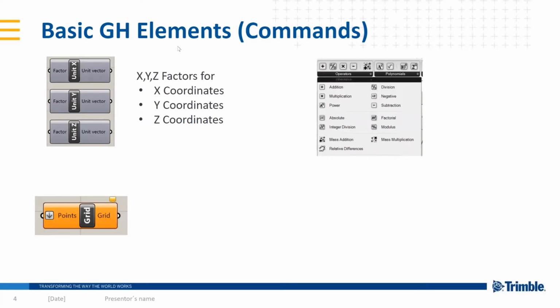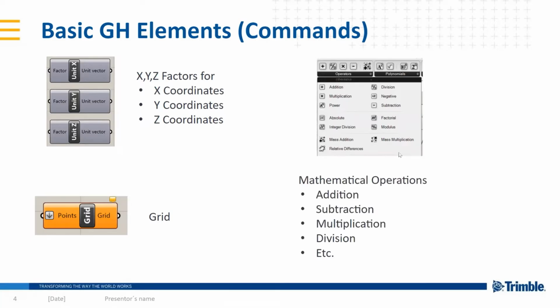Again, under the Grasshopper elements or commands, as you can see, you have the unit vector Z, Y, and X. Again, this is similar to the coordinates. And also you have the grid. You have also the mathematical operations, the basic mathematical equations here.